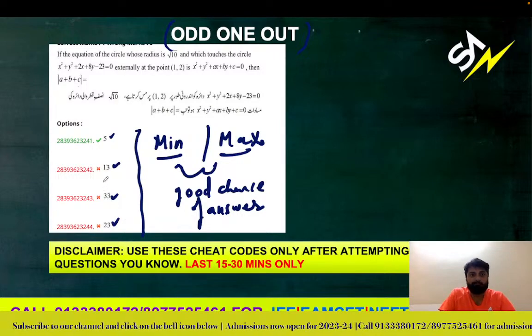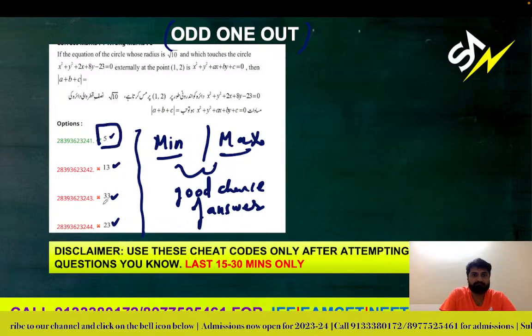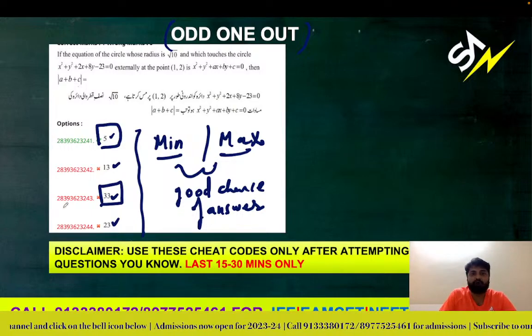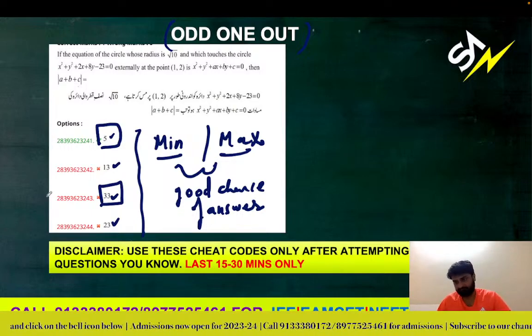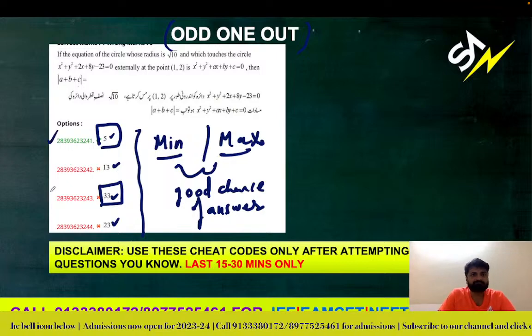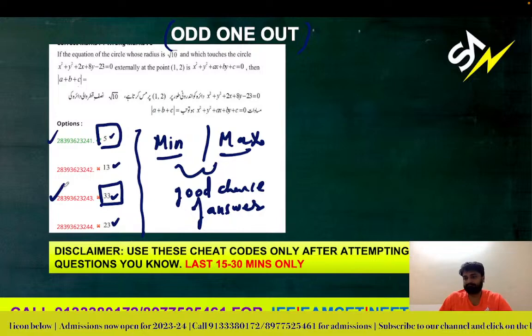Minimum is 5, maximum is 33. So one of these options should be correct. Either it can be minimum or it can be maximum.